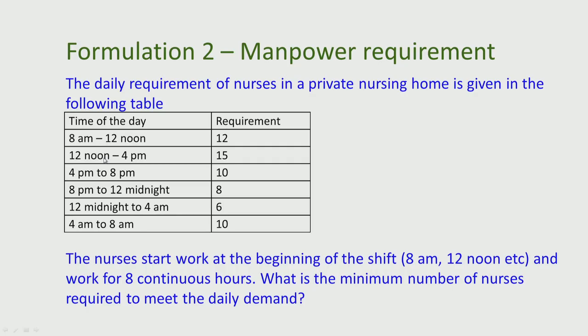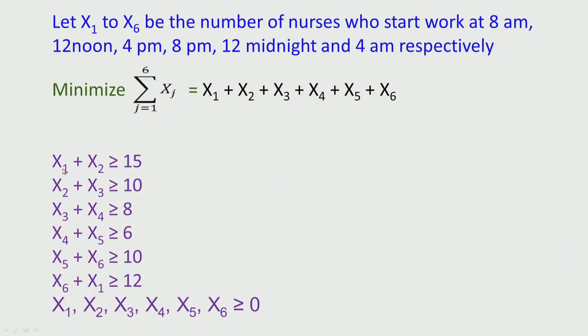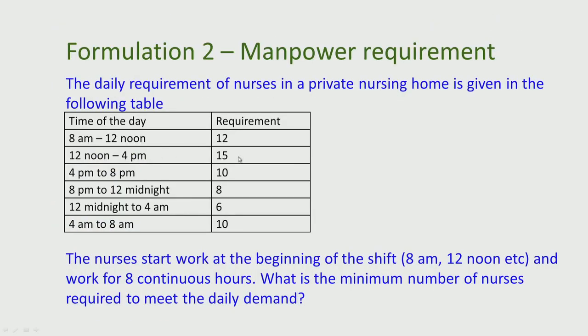So, x1 plus x2 should be greater than or equal to 15, and we should be able to meet the requirement of period 2, which is 15.